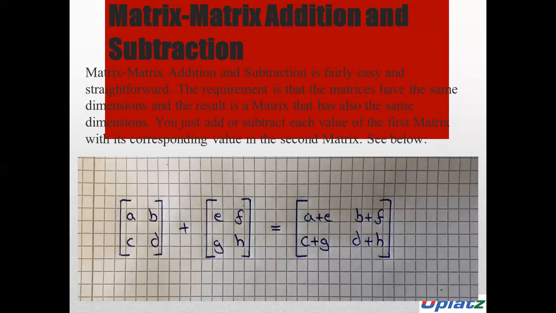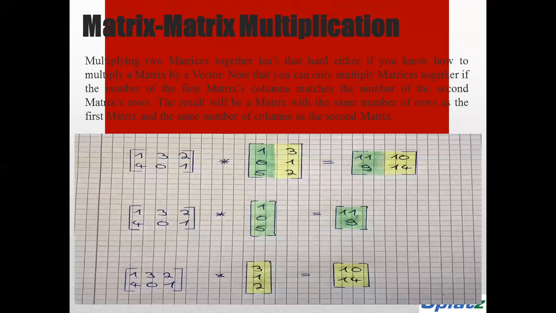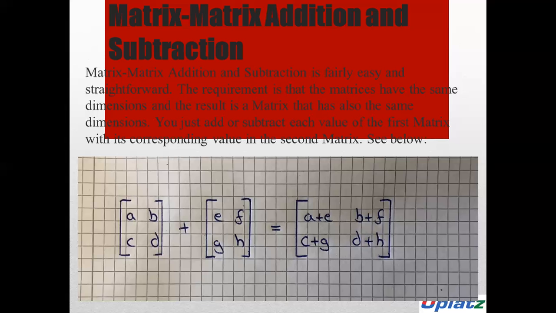It's a one-to-one mapping of both matrices. So the first value of the first matrix plus the first value of the second matrix, then the second value of the first matrix plus the second value of the second matrix. Like this, A plus E, B plus F, C plus G, then D plus H. So that is the addition, and the same applies for subtraction also.